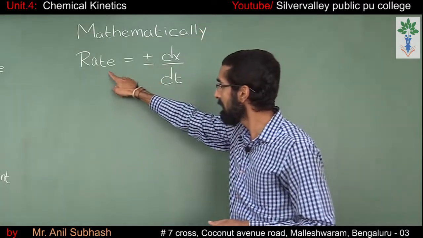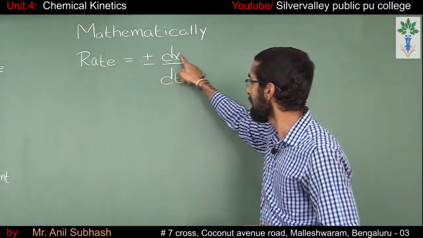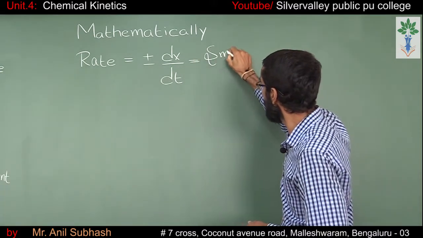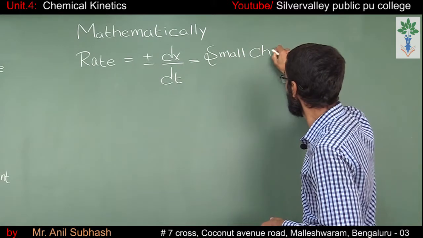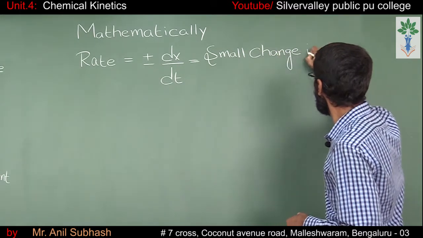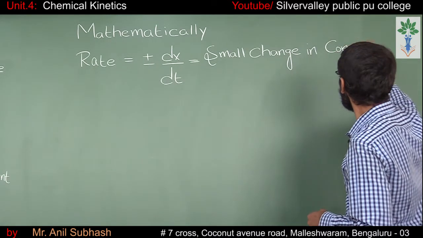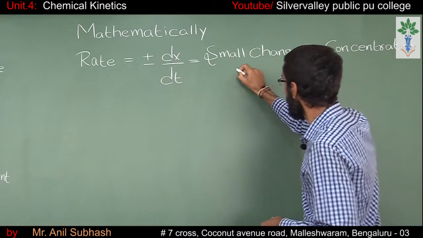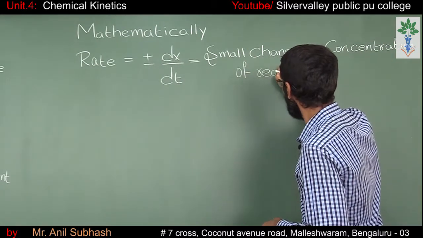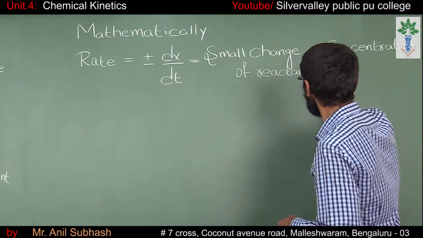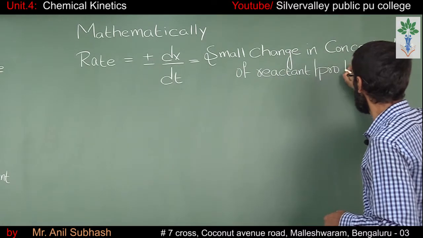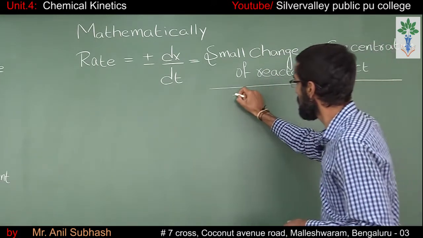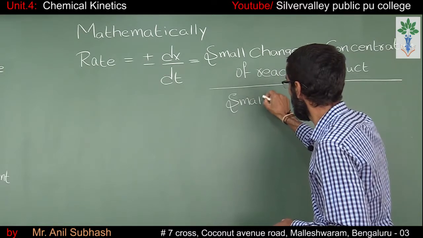Mathematically, rate is given by plus or minus dx by dt, where dx represents a small change in concentration of reactants or products and dt represents a small time interval.